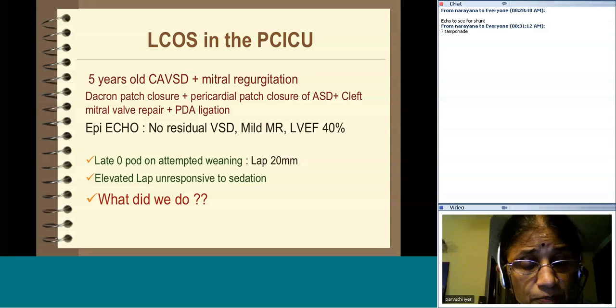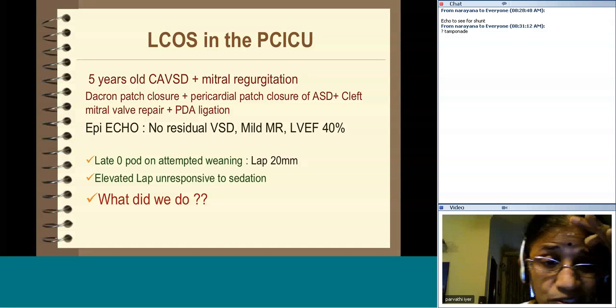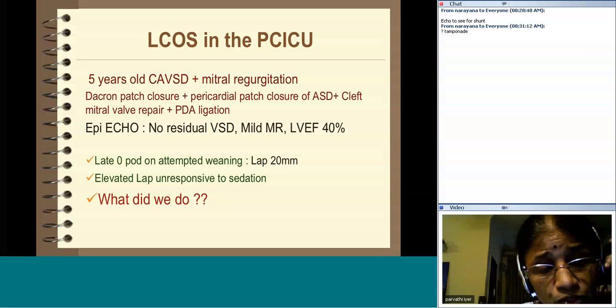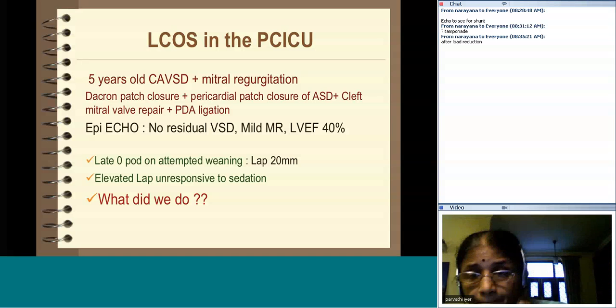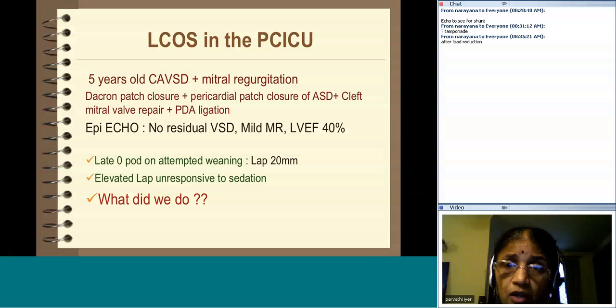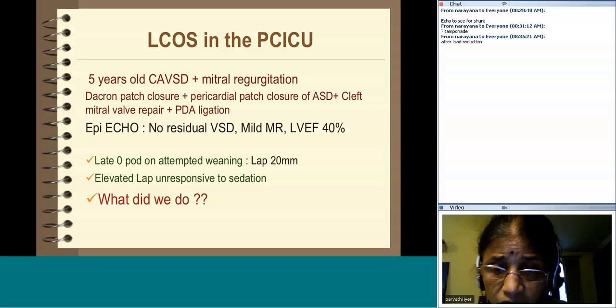What do you think we should do? Well, we tried afterload reduction, we optimized milrinone, did not work. So what else do you think we should do?